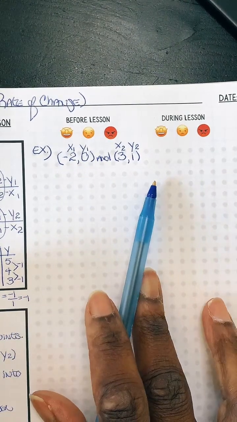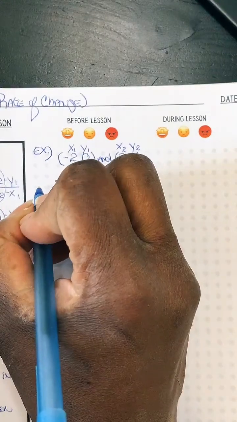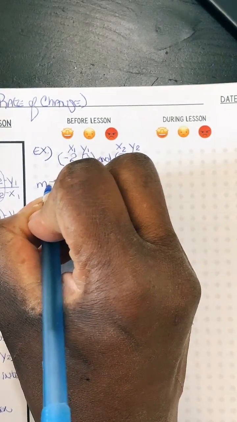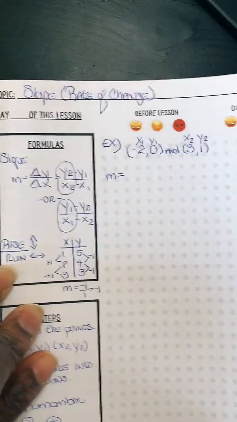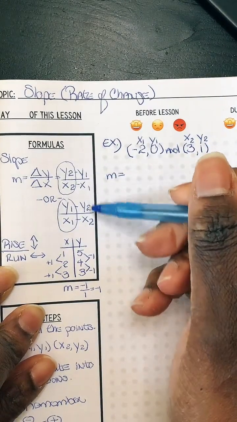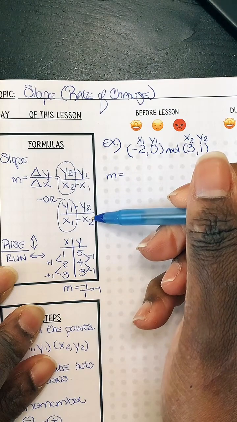All right, so now, if I'm going to solve this algebraically, I'm going to show you both of these so you can see that you're going to basically get the same answer.